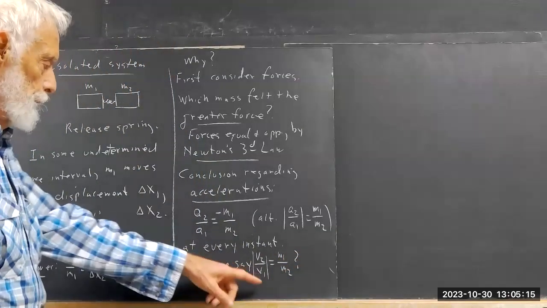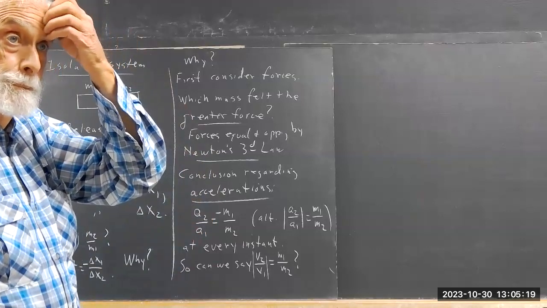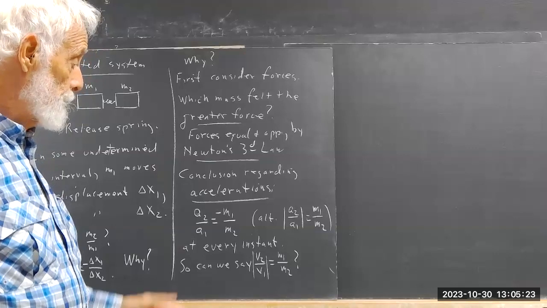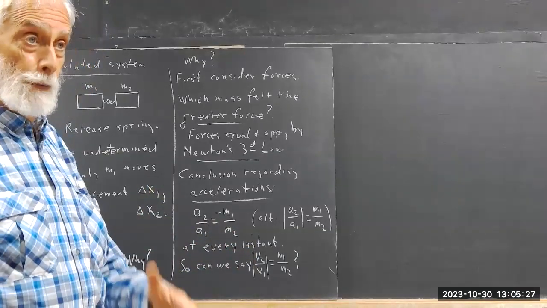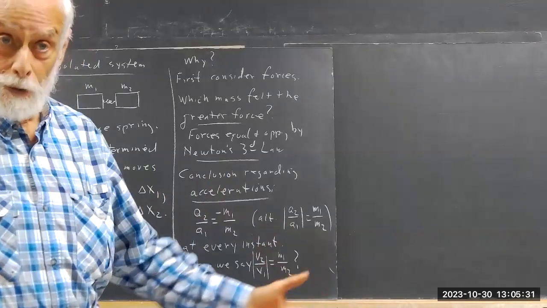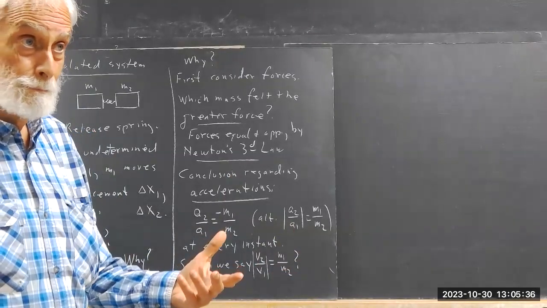Well, then can we say that V2 over V1 equals M1 over M2? The velocity is the integral of the acceleration. If the accelerations are always in this ratio, then the velocities will always be in this ratio. Make sense?